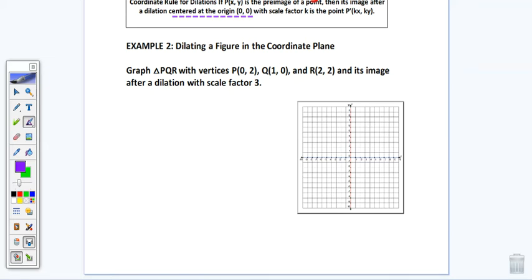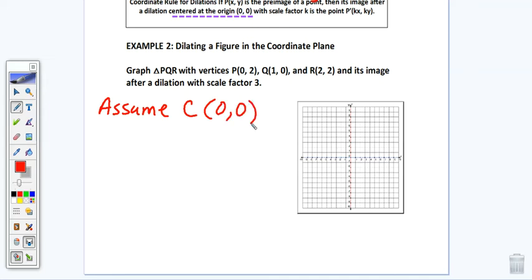First of all, triangle PQR has vertices 0, 2, 1, 0, and 2, 2. And its image after a dilation with a scale factor of 3. Does it say anything about the center in here? Since it says nothing about the center, we're going to assume, and we always use C for center, where?